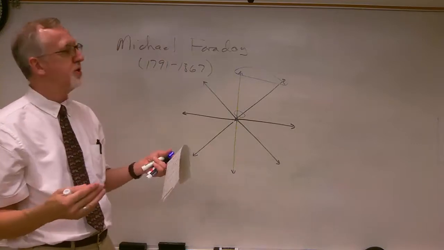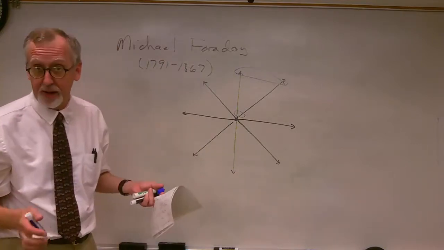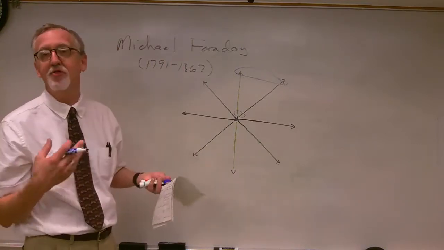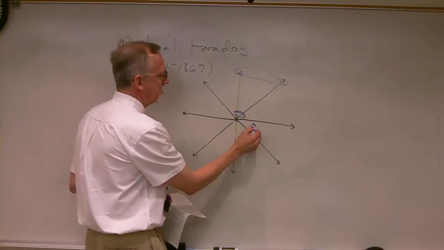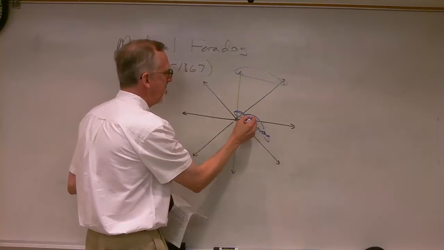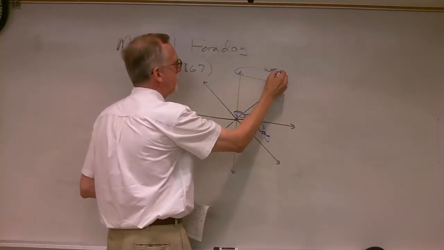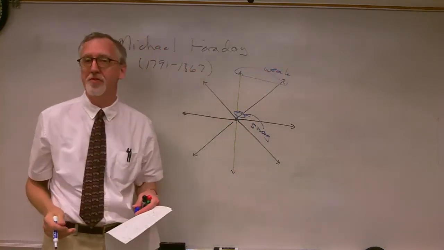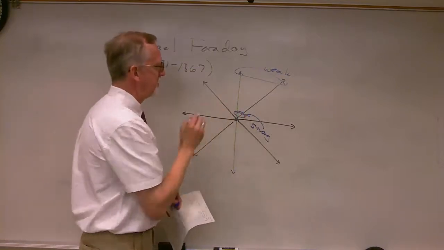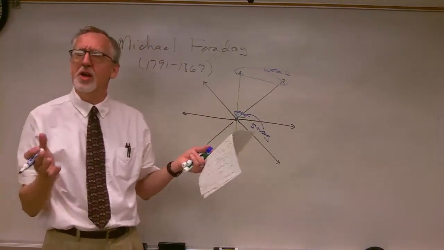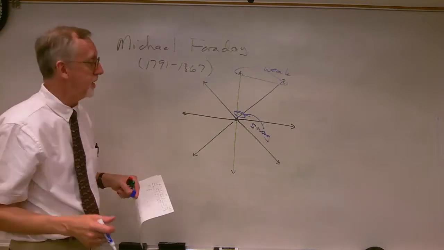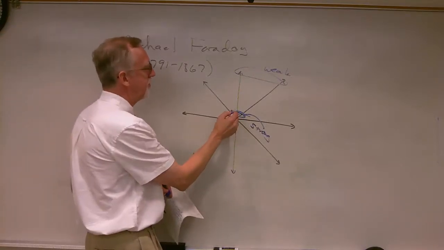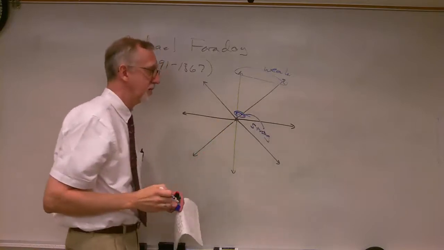And so we'll use the density of lines, you might say, to indicate the strength of the field. When the lines are very close together, this means we've got a strong field. When the lines are far apart, this means we have a weaker field. The closer they are, the stronger the field. The farther away they are, the weaker the field.